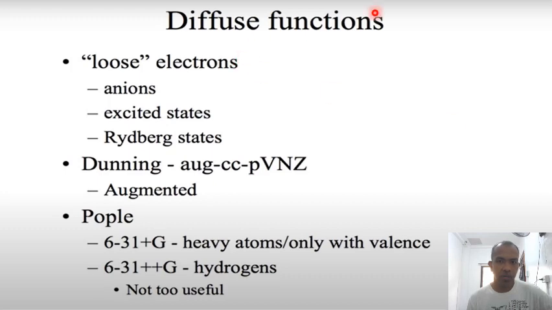Diffuse functions are needed where we really lose bound electrons. When does that happen?